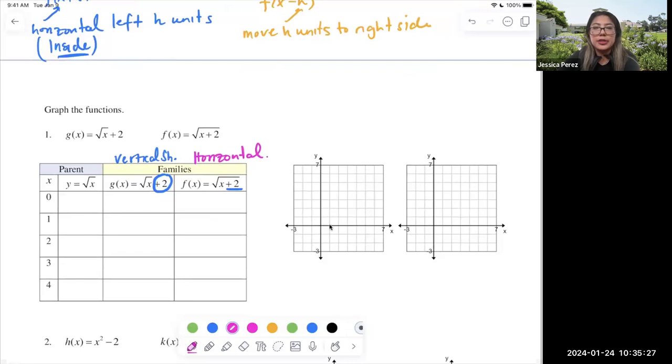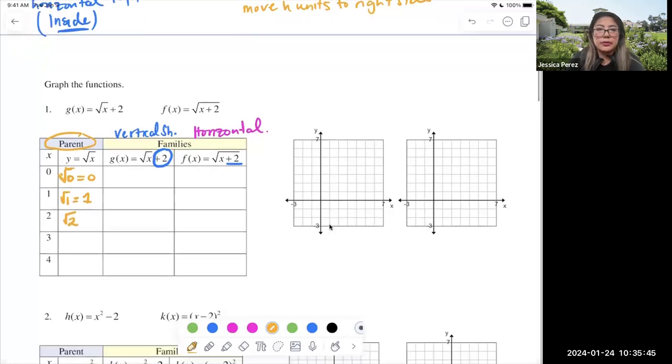The first thing that I'm going to do is evaluate my function. I'm going to start with the parent function. What's the square root of 0? That's 0. The square root of 1 is 1. The square root of 2 is irrational. I don't know what it is, but we can approximate it.